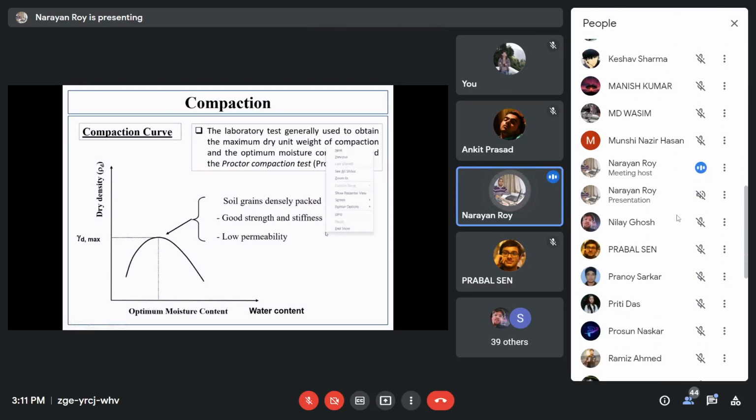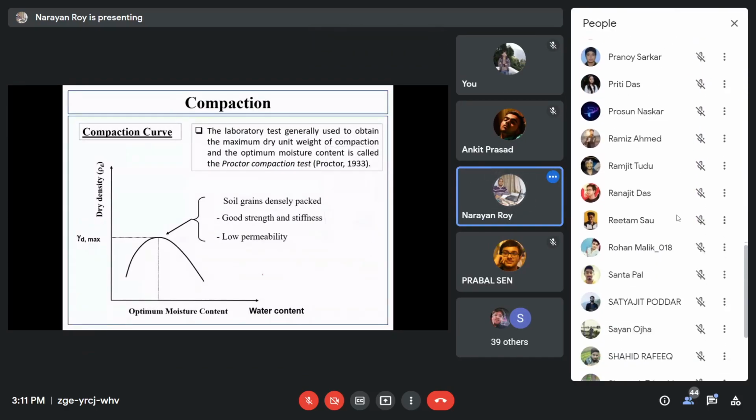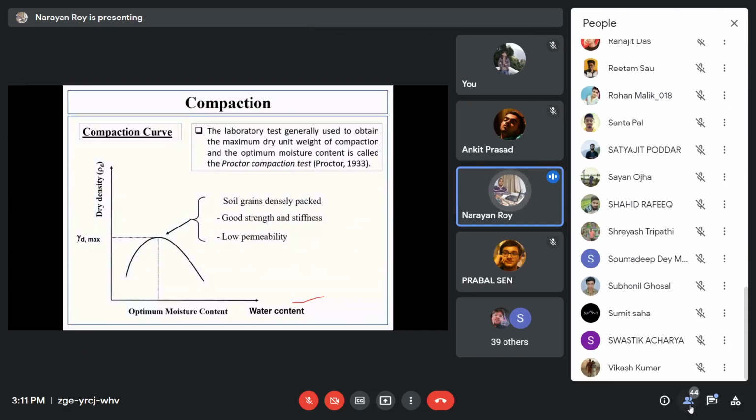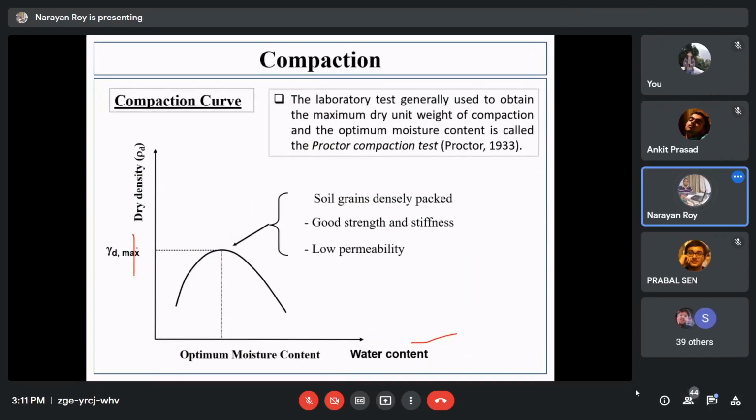So here, what I was discussing is the typical compaction curve. What is happening here? See, the x-axis represents the moisture content and the y-axis represents the dry density. As I have already mentioned, the quantification of compaction will ultimately be done in terms of dry unit weight. So the y-axis represents the dry unit weight and the x-axis represents the moisture content.